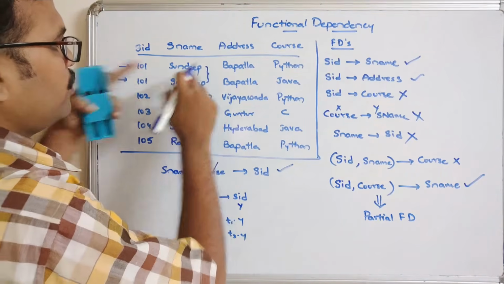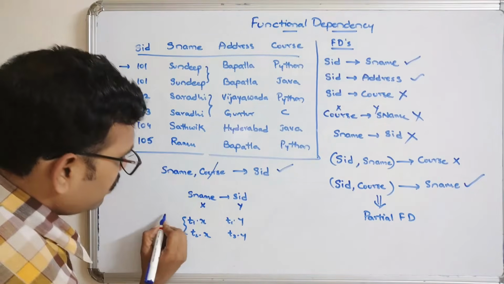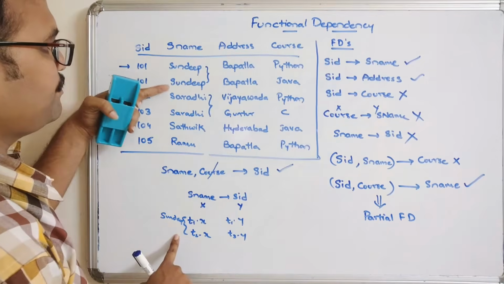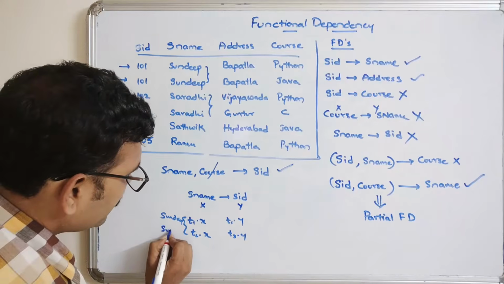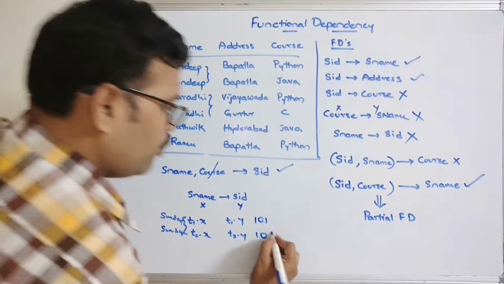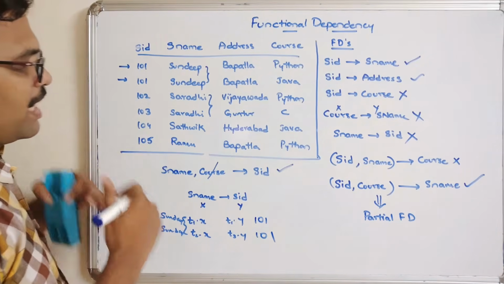Name. If you consider these two tuples, we'll get Sundeep, T1 of X, and here also we'll get Sundeep. So here we'll get 101 and 101. Yes, right? Randomly select one more pair.